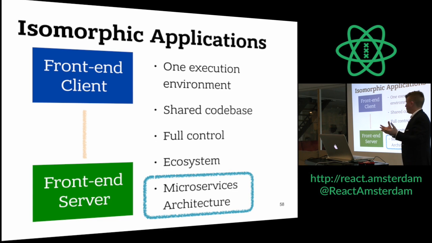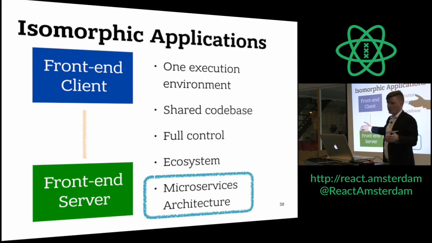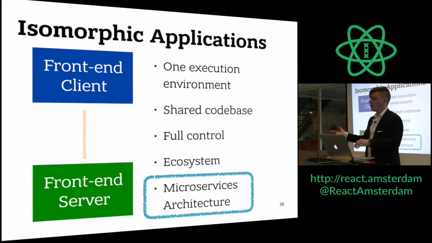You can build from your React application a mobile application in a few days, which really works like native. And full control, because you can control backend and front end, and one ecosystem. Of course, it's NPM modules, components, microservices architecture.